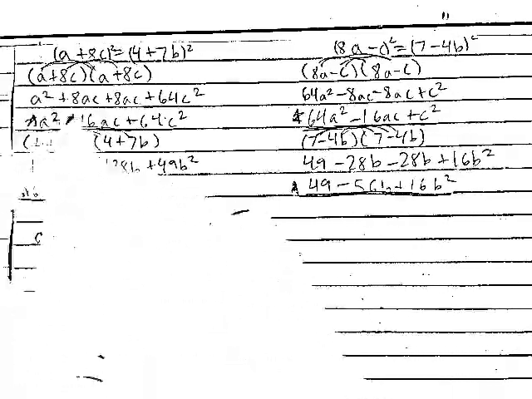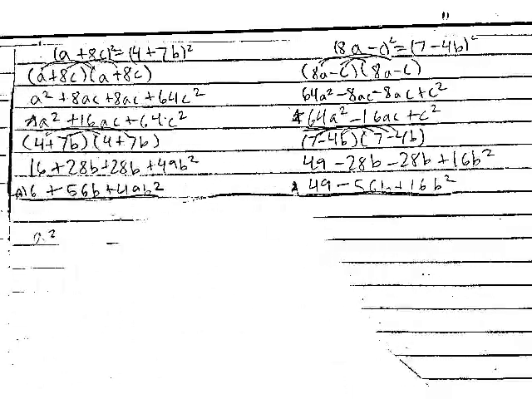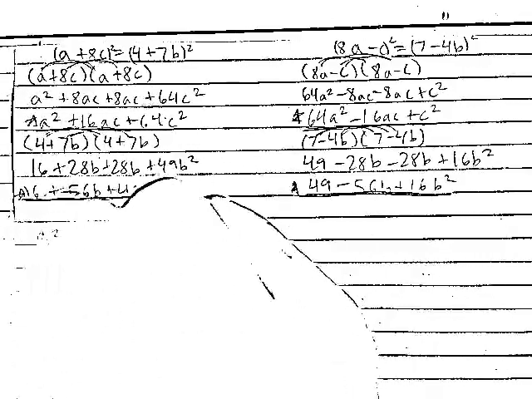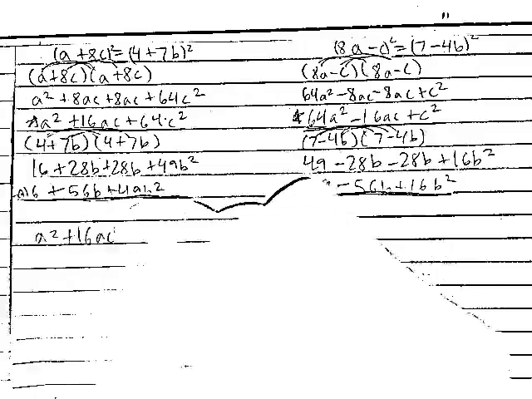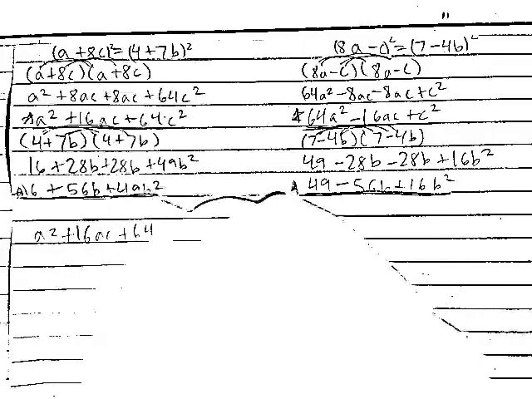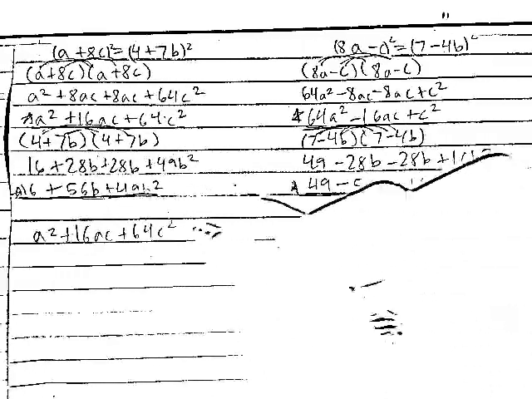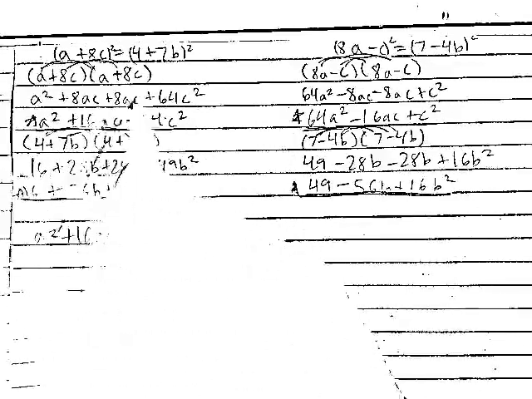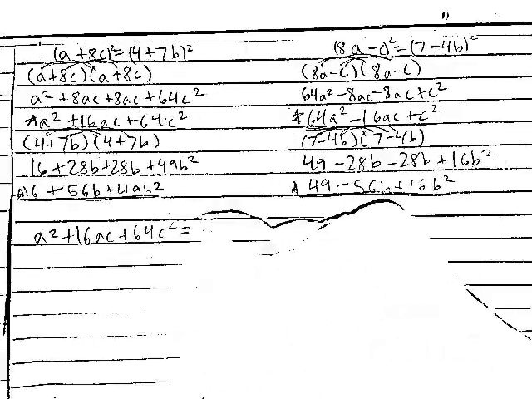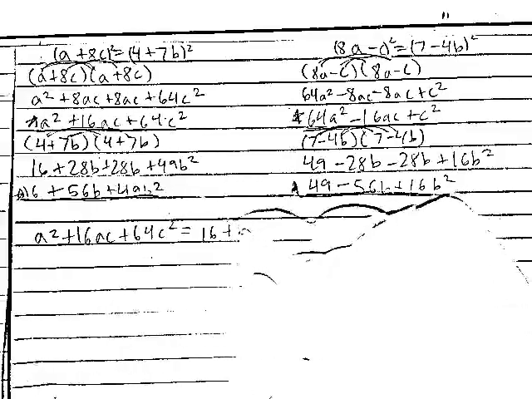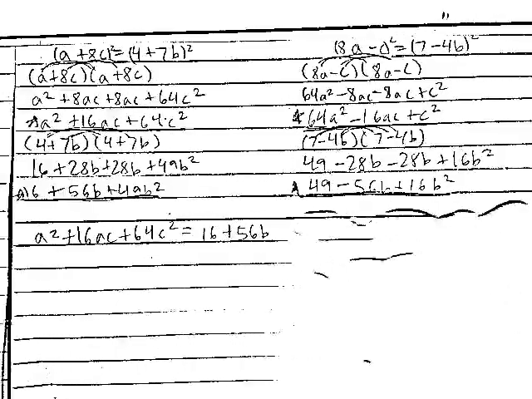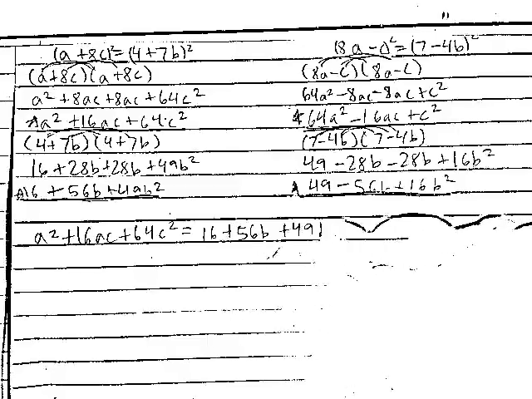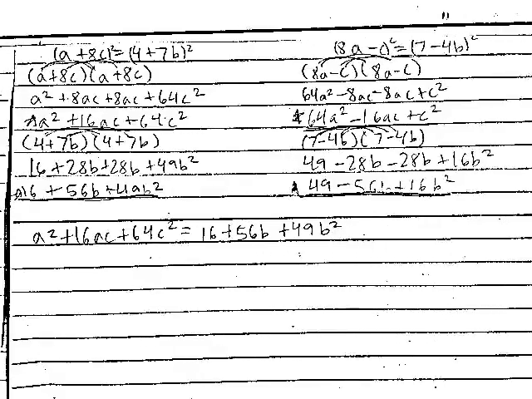So since this is equal to this, I just write a squared plus 16ac plus 64c squared is equal to this, which is 16 plus 56b plus 49b squared.